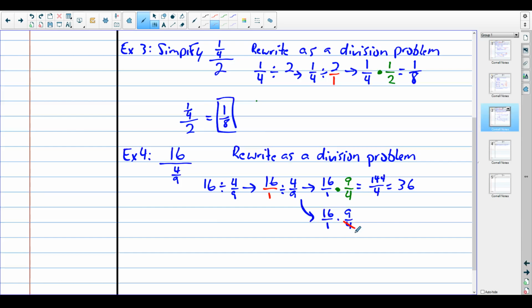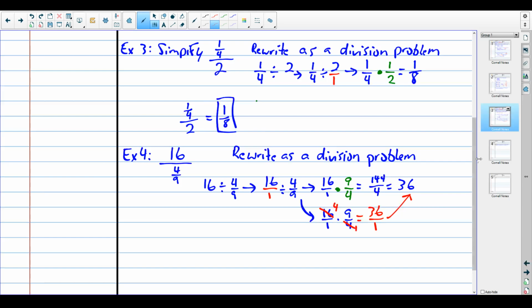So 4 divided by 4 is 1. 16 divided by 4 is 4. And then I can multiply these numbers. So 4 times 9 is 36. 1 times 1 is 1. Let's put it there. And we end up with the same answer. So you can simplify at the end, you can simplify at the beginning. You just have to simplify somewhere.